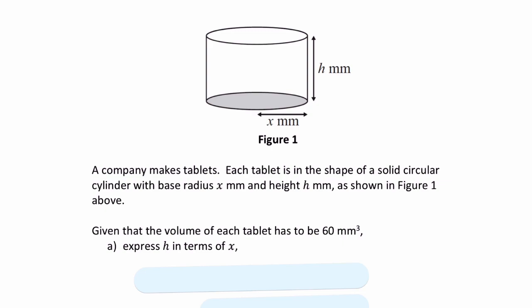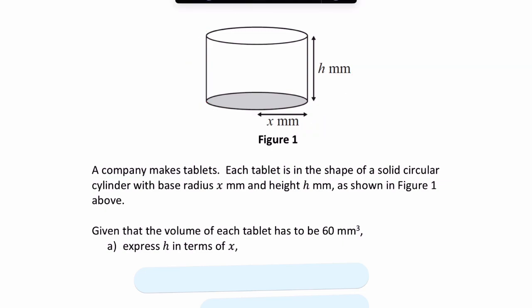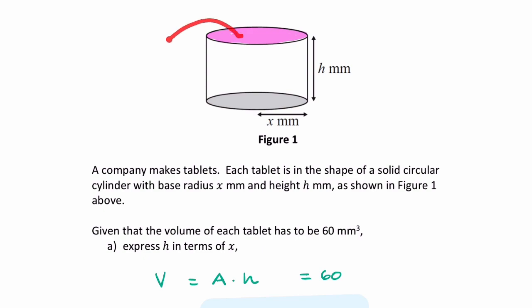Because this is a cylinder, the volume of a cylinder is the cross-sectional area multiplied by the height. So the volume is the cross-sectional area of this multiplied by the height, and we know that is 60.